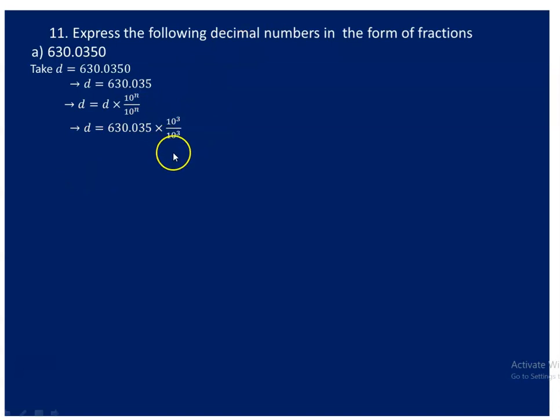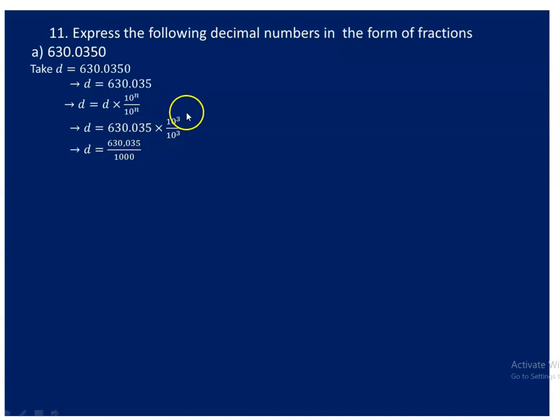Now going to the next step, this is the decimal point. Whenever you multiply a decimal number by an exponential expression like 10 to the power of n, you have to move the decimal to the right, passing through that number of digits. If you are multiplying by a positive exponent, the decimal is going to move to the right.